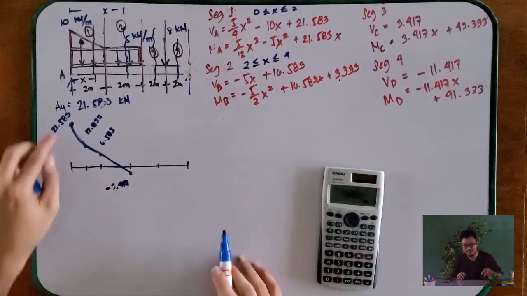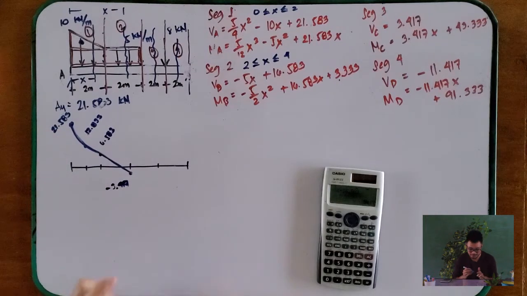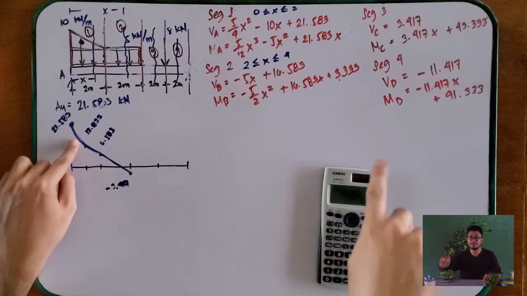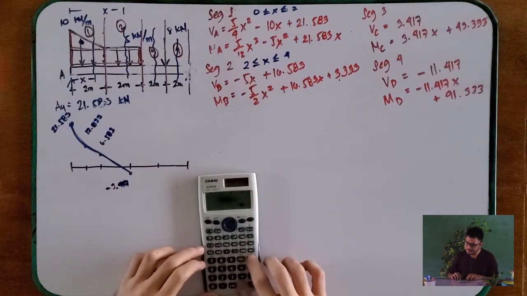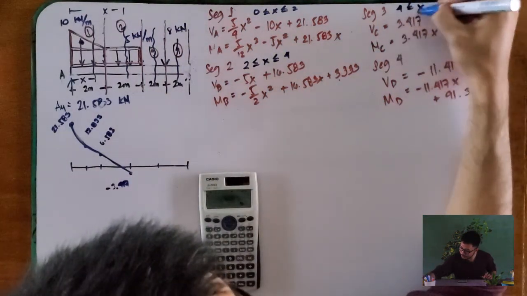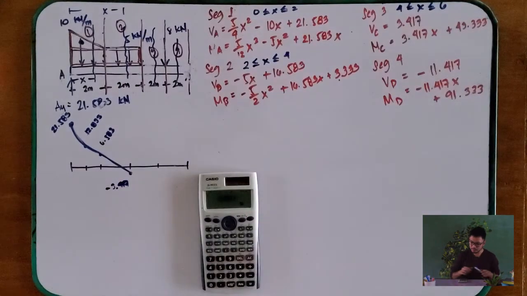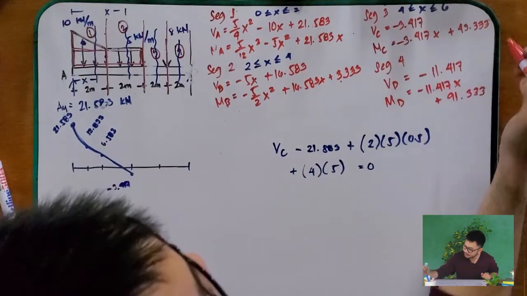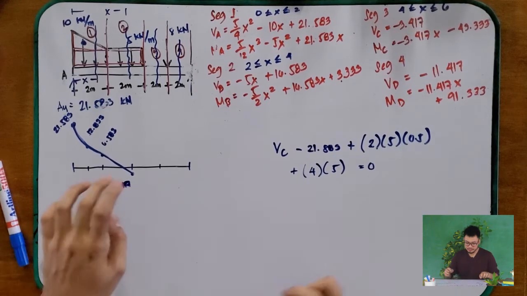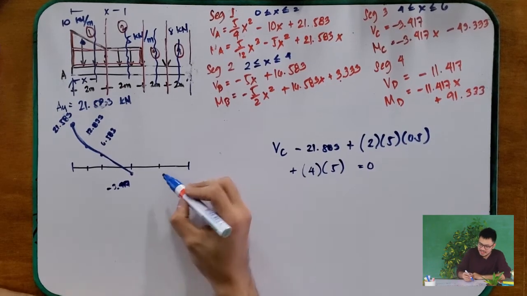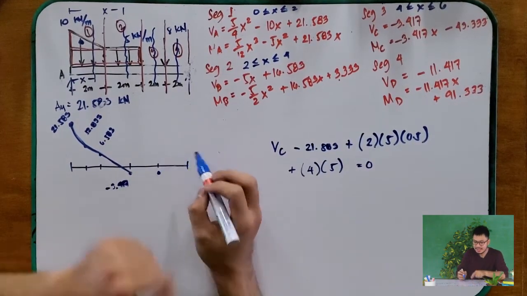My graph is not clear, so you should make a proper graph. This one is a line, while the other is a curve, parabolic. Now segment 3, from 4 to 6. Let's confirm. Okay, there is a correction: I found out that this one is negative, so it is constant until the end of segment 3.